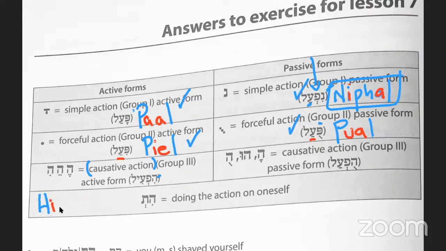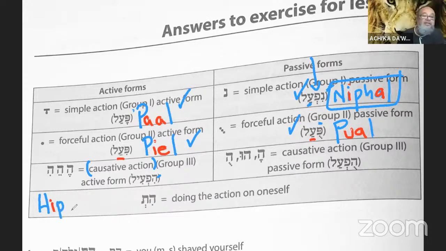The next letter? P. P what? PH. PH, because it doesn't have a dot in here. If it has a dot, it's a hard P sound, but it's not. It's like phone. Okay. Then they have another vowel underneath it. What is it?